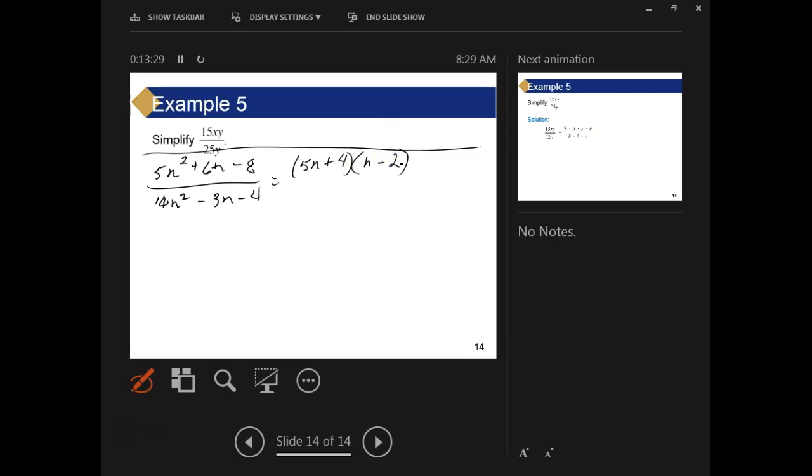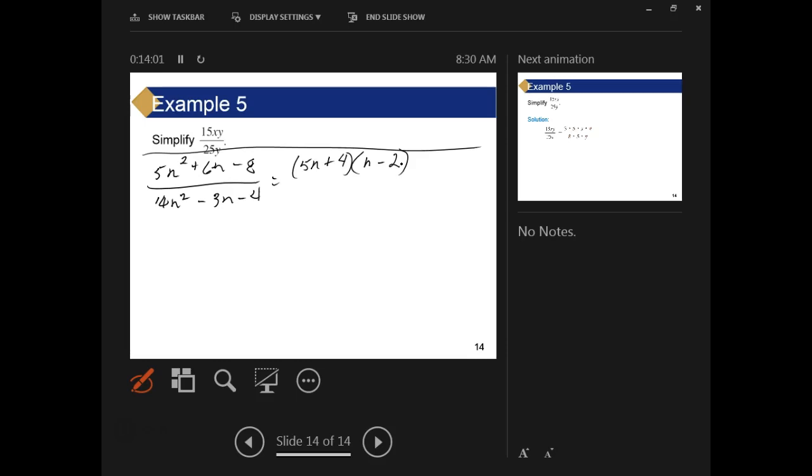Let's check and see if that works. 5n times n certainly is 5n squared. 5n times negative 2 is negative 10n plus 4n would be negative 6n. But the good news is, what are we missing it by? Got the right numbers, just the wrong sign. So what do we do? Change signs. Switch signs. That's exactly right.